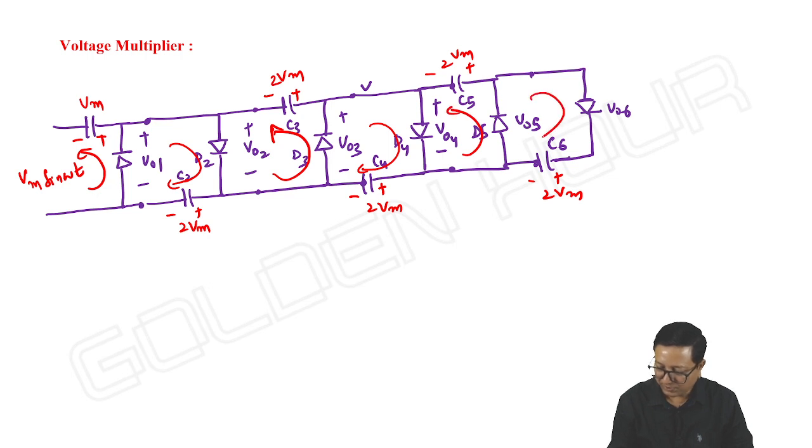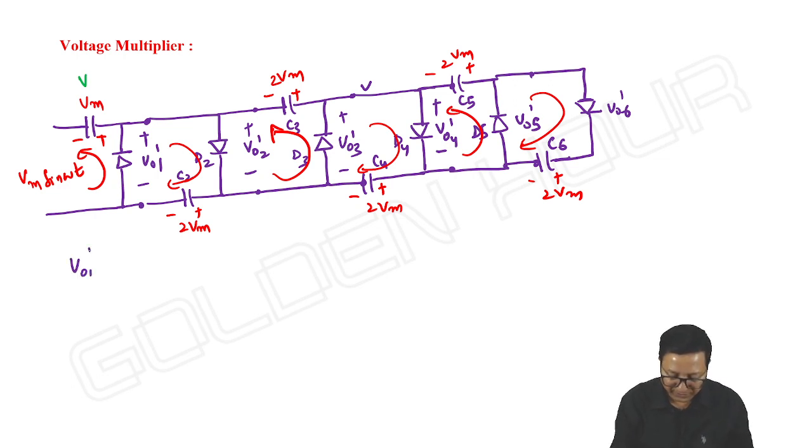There is nothing to mug up. Like this. Okay. Then let me write these things as VO1 dash, VO2 dash, VO3 dash, VO4 dash, VO5 dash, VO6 dash.